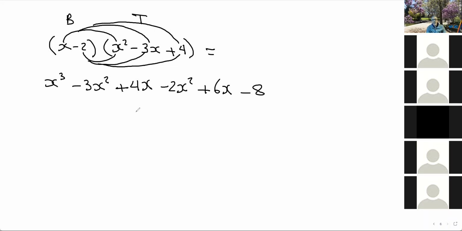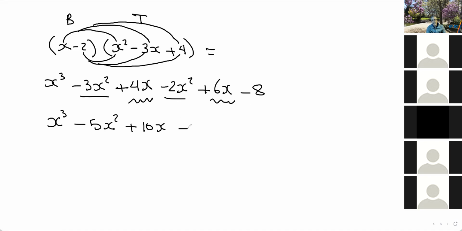Now, when we get here, we have to find like terms. This one and this one, and this one and this one. So we rewrite this as x cubed, negative 3 minus 2 is negative 5x squared, plus 4x plus 6x is plus 10x.